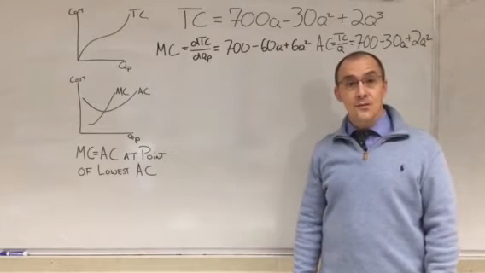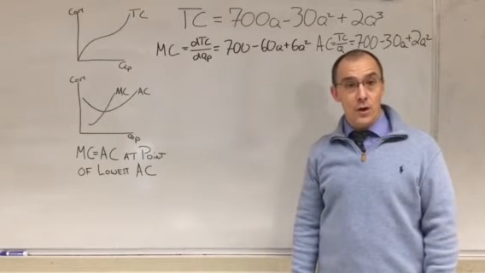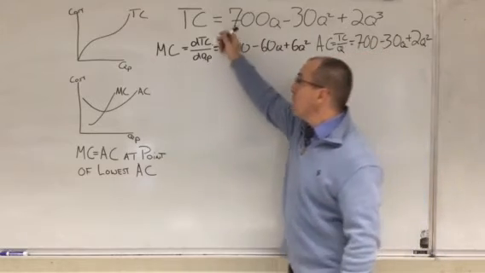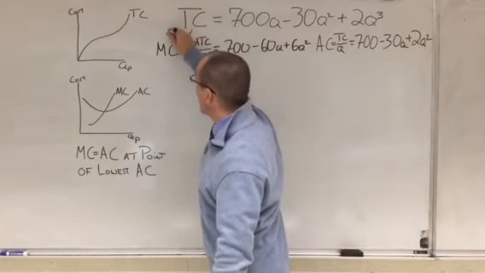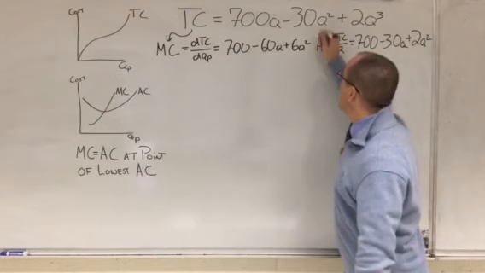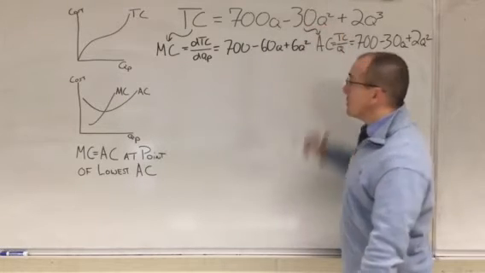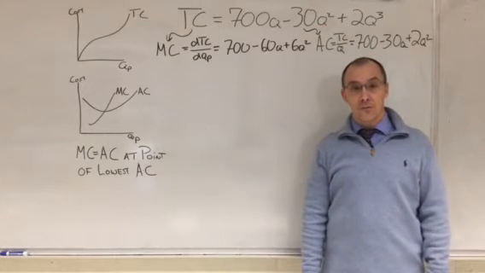So the basic idea is all I need to know is my total cost curve, and from that I can use calculus to derive my marginal cost curve and basic algebra to derive my average cost curve.